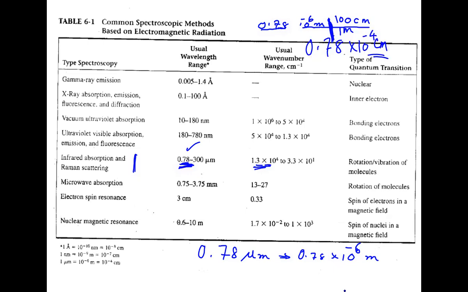Remember, we want to convert it to per centimeter. There is one critical step. You do 1 over 0.78 times 10 to the minus 4 centimeters, then what do you get?